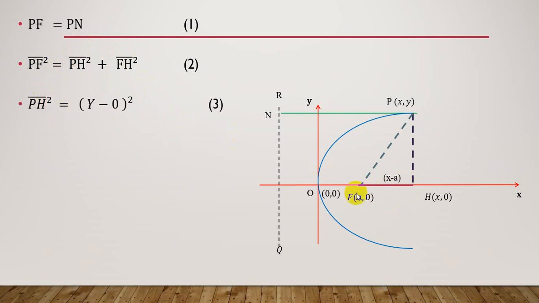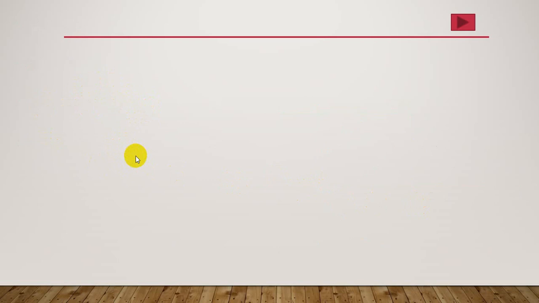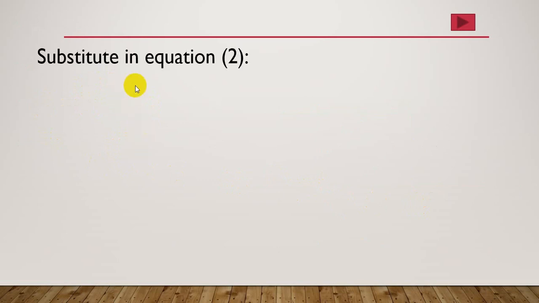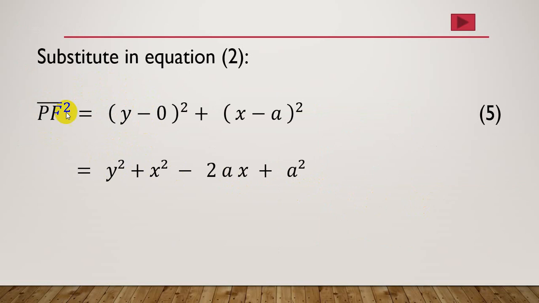BH square, this one is equal to y minus 0, so I will substitute that with that. The second one, FH, will be x minus a square, so our equation after substitution in equation 2 will be BF square equals (y minus 0) square plus (x minus a) square.